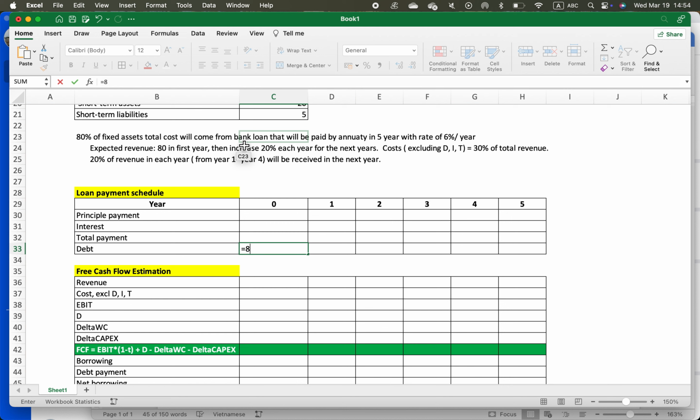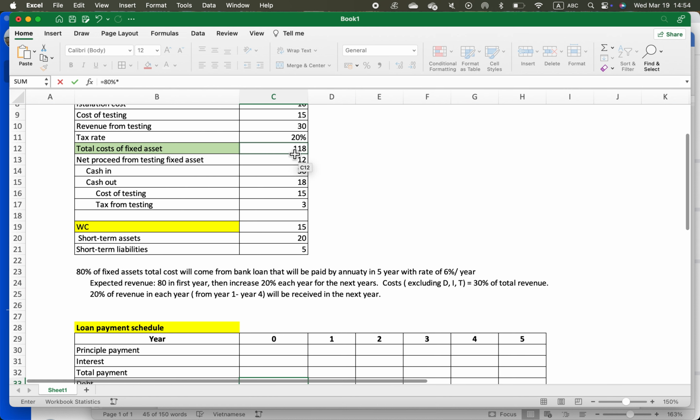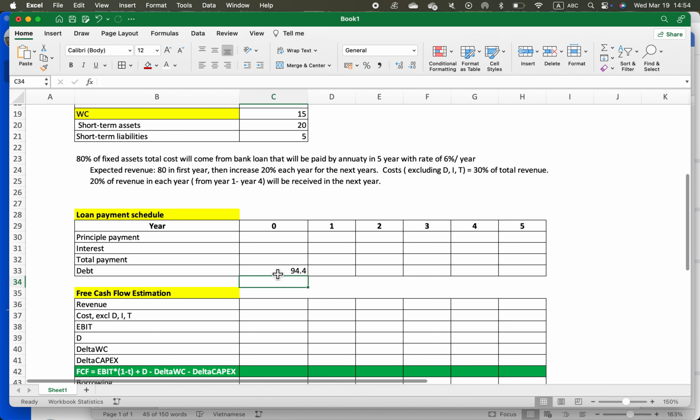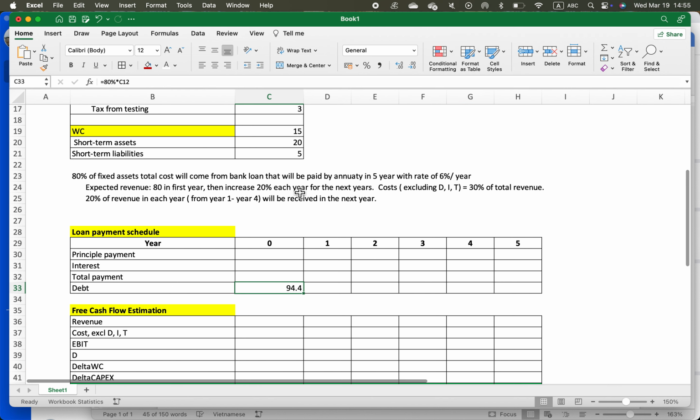So it could be 80% multiplied with the total cost of fixed asset here, right? So that's the initial debt or loan. Okay, the amount of debt, and this is going to be paid in 5 years by annuity.